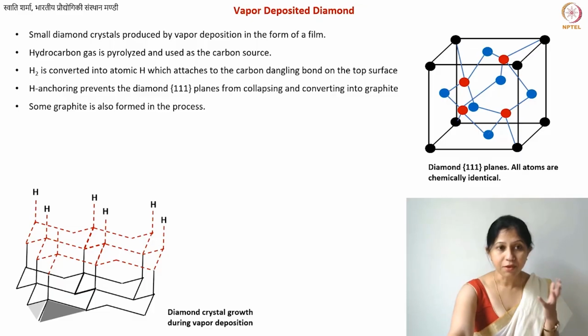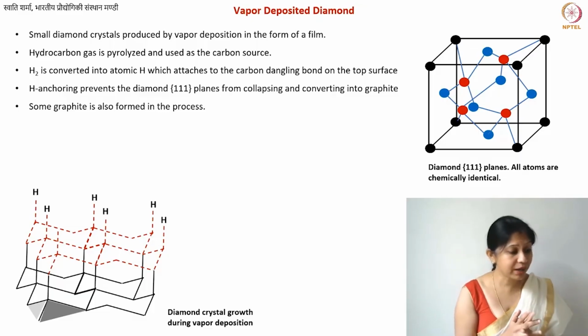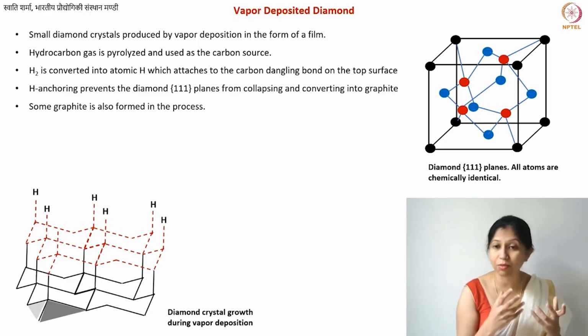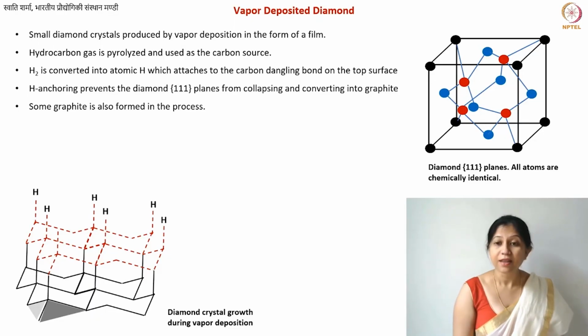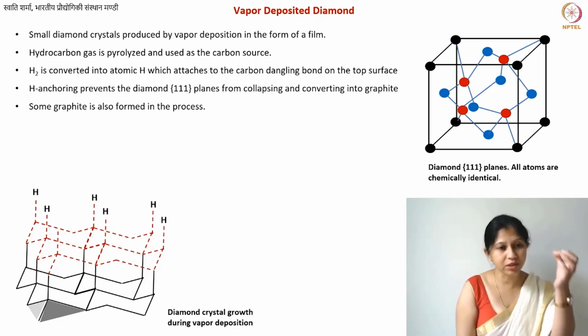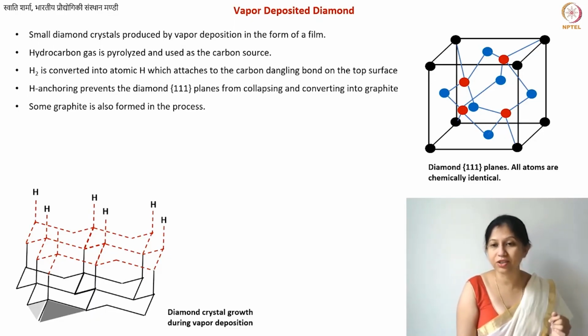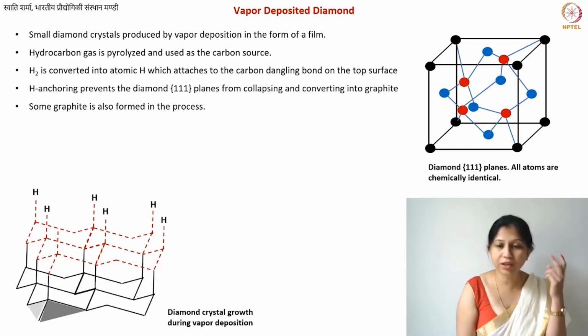Now you can imagine that even though you have this very reactive atomic hydrogen, there is always a possibility that some sp3 bonds are not anchored with hydrogen, and then you will immediately get some sp2 type carbon as well. When we talk about the quality of the vapor deposited diamond films, there are 2 things.